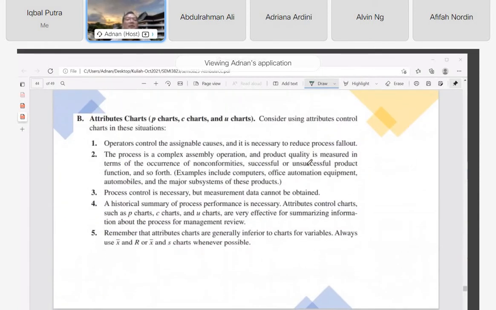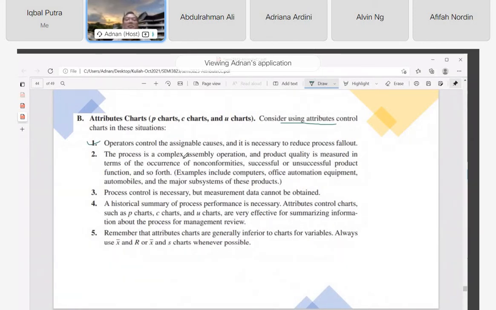So in case of attribute, these are considerations. Attribute control chart: operator controls the assignable cause and it is necessary to reduce process fallout. Meaning that you don't use expensive equipment, just operator doing it, maybe visual inspection.